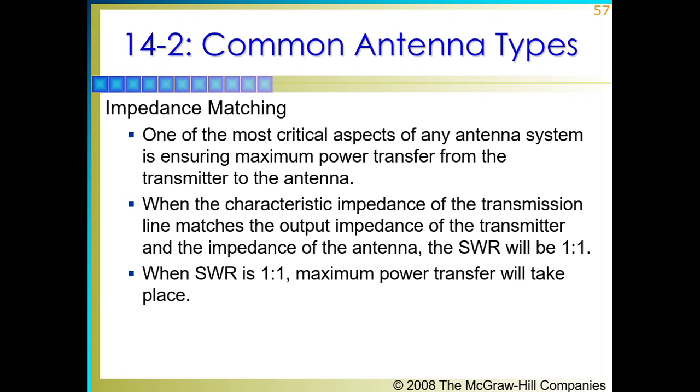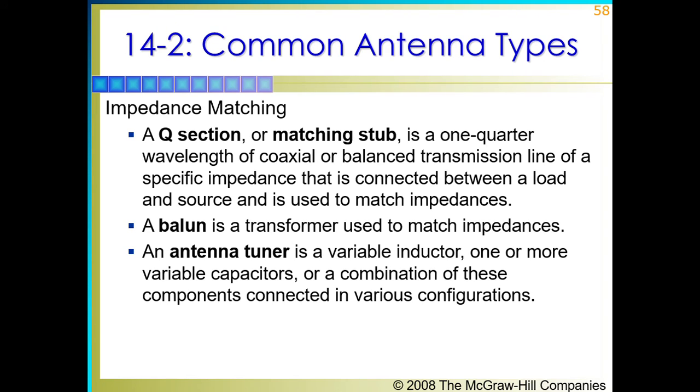Impedance matching is the practice of designing the input impedance of an electrical load or the output impedance of its corresponding signal source to maximize the power transfer or minimize signal reflection from the load. A Q-section or matching stub is a 1/4 wavelength of coaxial or balanced transmission line of a specific impedance that is connected between a load and a source and is used to match impedances.